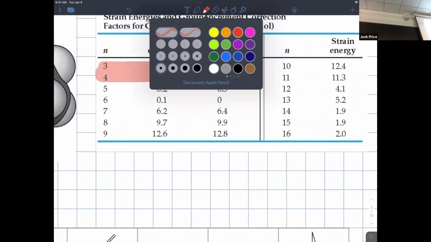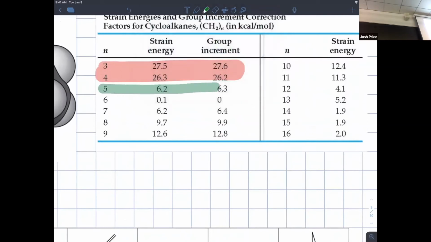So you enter a region of space where you have mid-sized rings that are fairly unstrained. So that's cyclopentane, cyclohexane, and cycloheptane. And it's not that clear where we should make the cutoff, but as you get even bigger, now you enter increased strain, surprisingly, right?